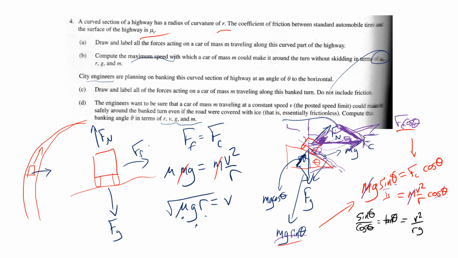So solving for theta, which is what we were looking for, that's going to equal the inverse tangent, arctan, of v squared over rg.